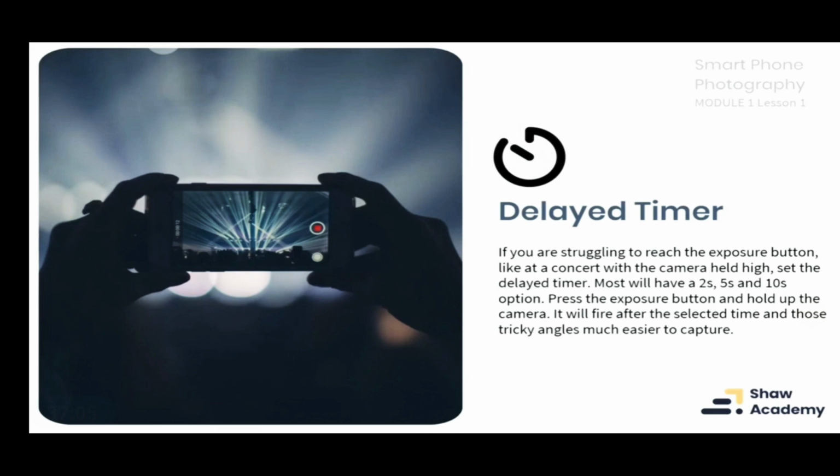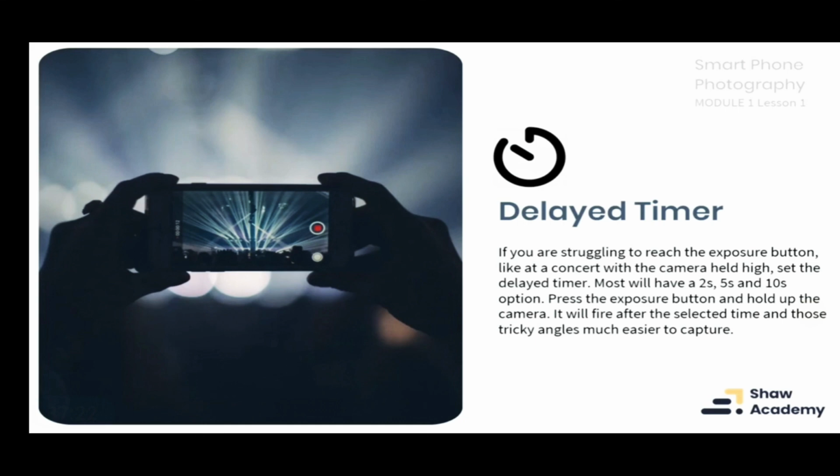Delay timer, this is one that I came across myself in a real life situation that I found to be very useful. I was at a concert with my wife and her sister, my sister-in-law, and she's quite short, so she was struggling to take photographs above the crowd.